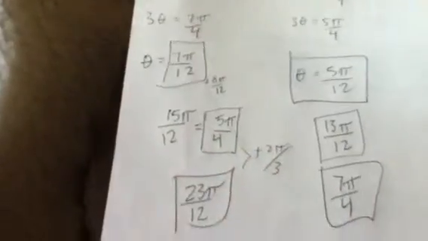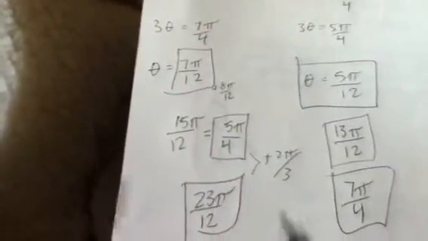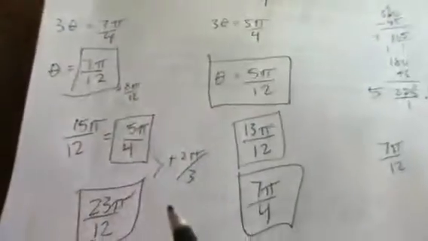You can do it on your calculator if you have a fraction button, or you can just do common denominator like I did on the first try. Okay, so I got these 3 answers from the 7 pi over 12, which was that. And then from over here I got these 3 answers. The first answer came by multiplying both sides by 1/3, or in other words, dividing both sides by 3 to get theta by itself.